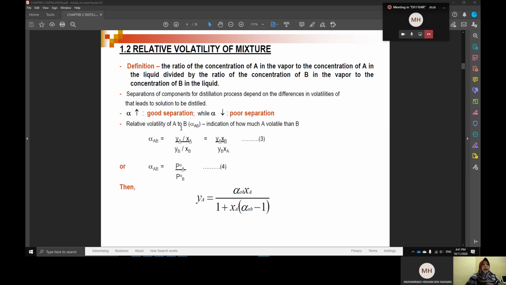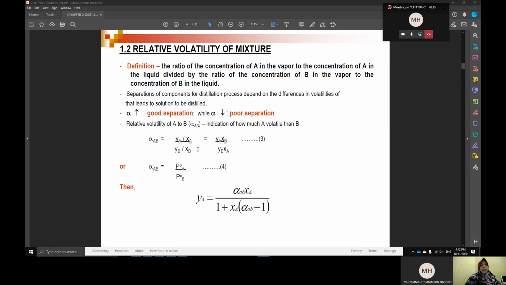And then divided by the ratio of concentration of B in vapor to the concentration of B in the liquid. So you're going to have this formula. You rearrange it and you get this term: YA multiplied by XB equals YB multiplied by XA.